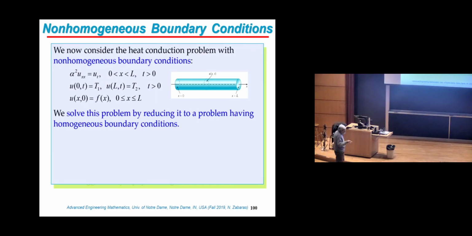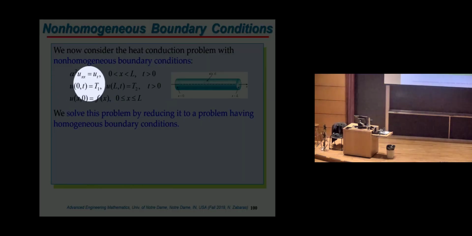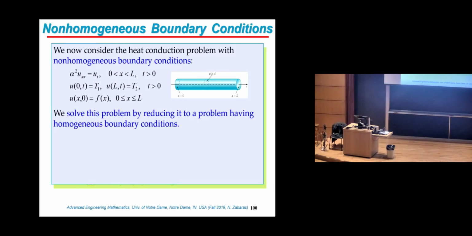Any trick, anybody that has in mind on how to solve this by using the previous solution? The only thing that I see that is different from before is instead of having 0, we have now T1 and T2. So can we use the previous solution and just add something to it to account for this problem?